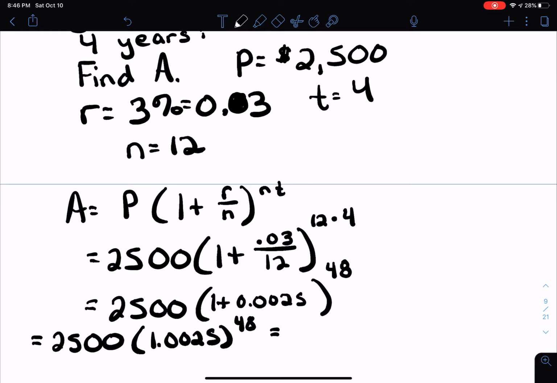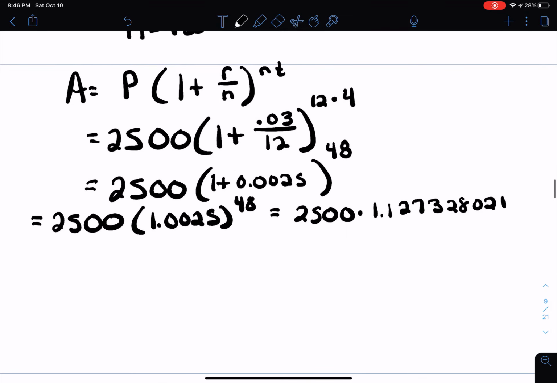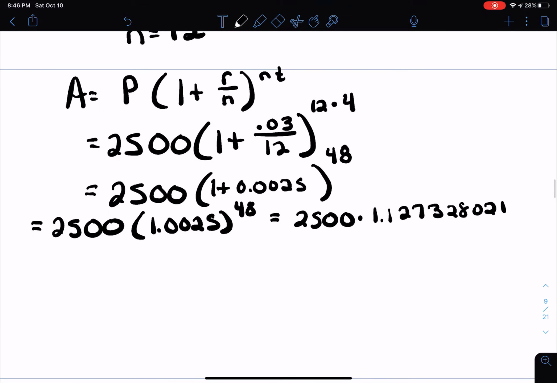So I just put that in my calculator. I'm not going to touch anything else in my calculator until I'm done. But when I raise 1.0025 to the 48th power, I get 1.127328021. Isn't that a lovely decimal? And then in my calculator I say times 2,500.